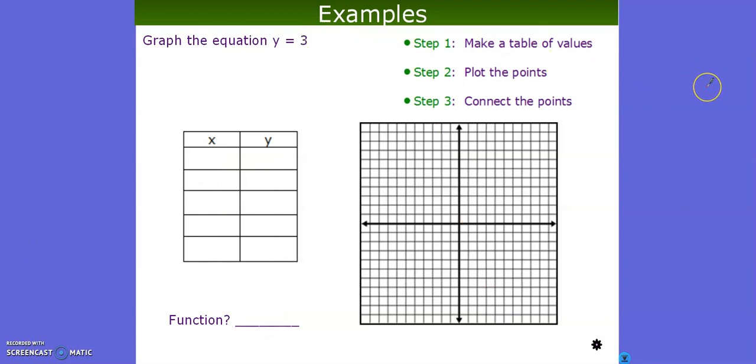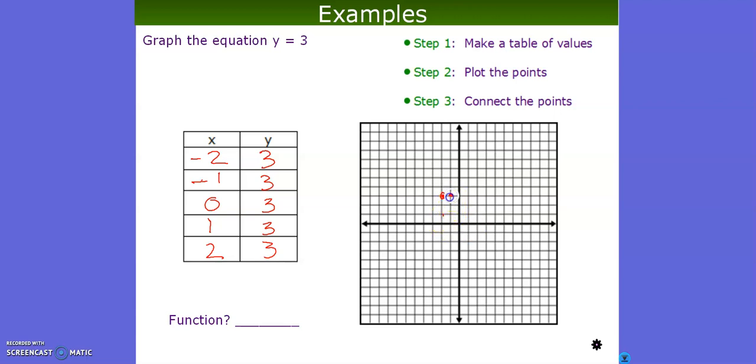Y equals 3. Okay, I don't see any x's in my equation, but it does say the y has to be 3. So in my table, I'm going to put 3's in here for y's. All of them. And again, you get to pick the x's, so I'm going to go with my trusty negative 2, negative 1, 0, 1, and 2, and go ahead and plot them. So negative 2 up 1, 2, 3.